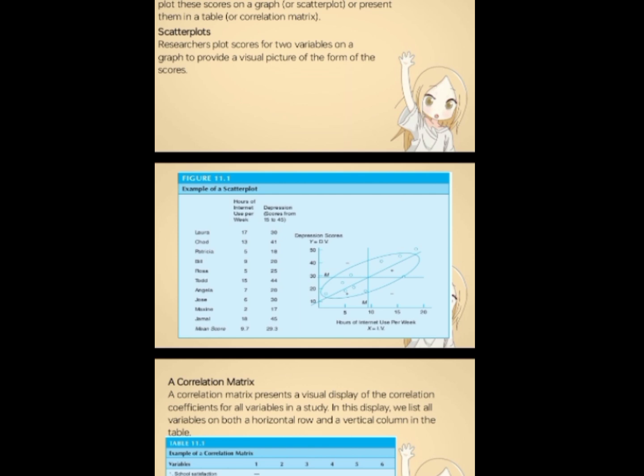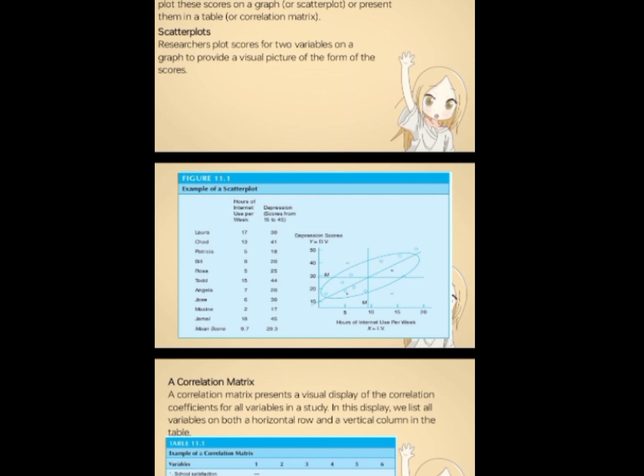So each student in the study has two scores: one for hours per week of internet use and one for depression. Each mark or point on the graph indicates the score for each individual on depression and hours of internet use each week.